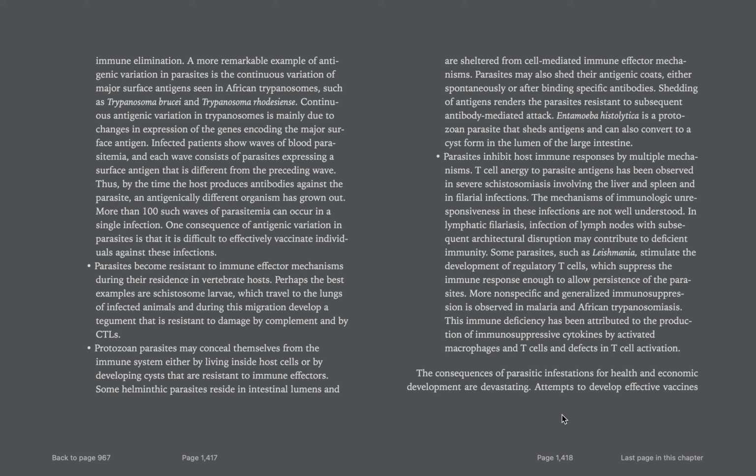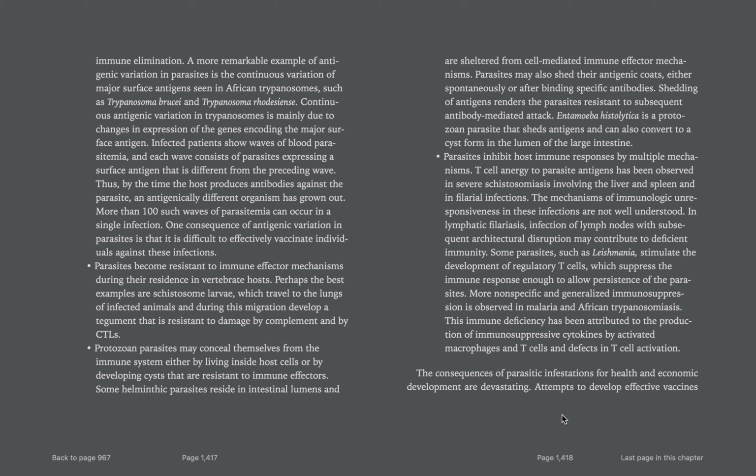The shedding of antigen renders the parasite resistant to subsequent antibody-mediated attack. Entamoeba histolytica is a protozoan parasite that sheds antigen and can also convert to a cystic form in the lumen of the large intestine.